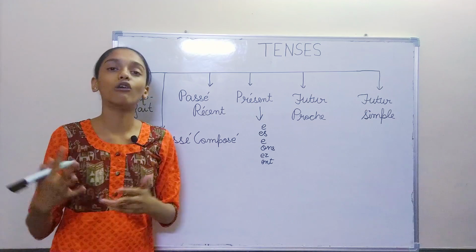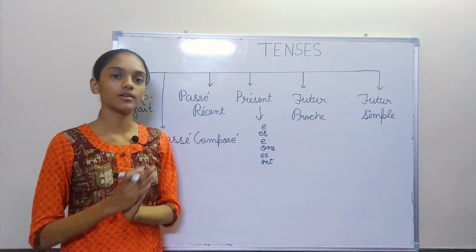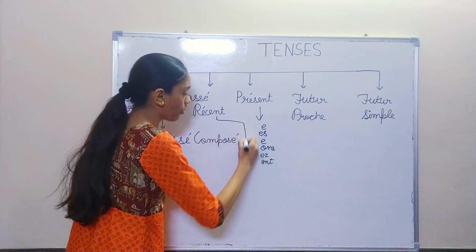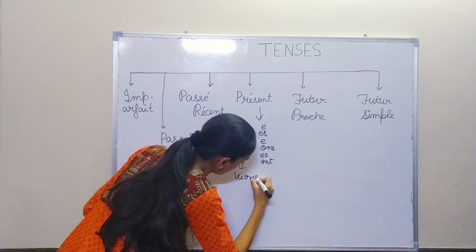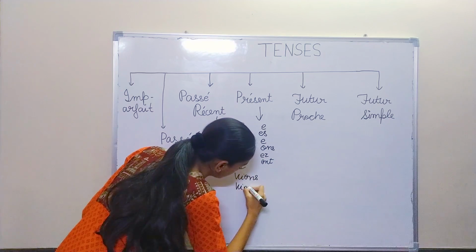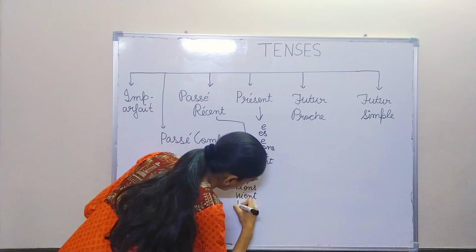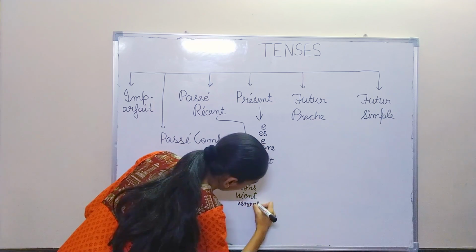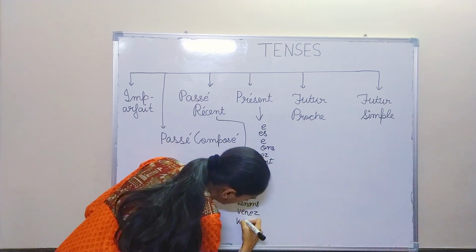Moving on to the past. Passé Récent. How do we form Passé Récent? We use the verb venir. And how do we conjugate the verb venir? It's je viens, tu viens, il vient, nous venons, vous venez, and ils viennent.